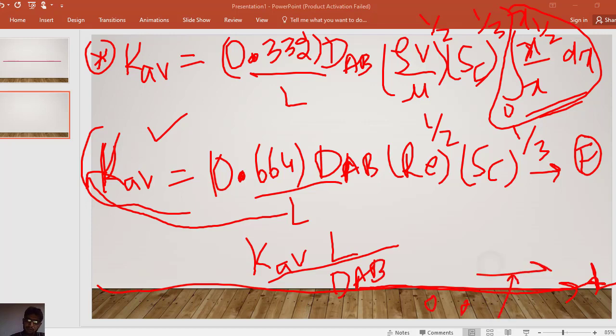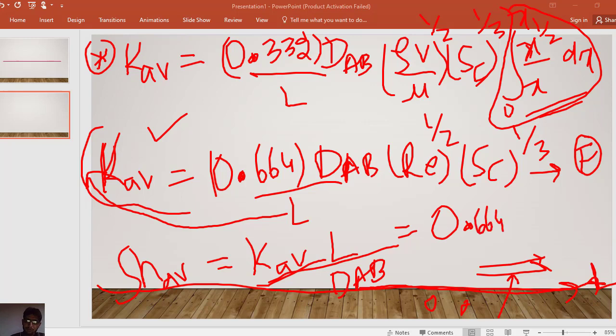KAV into L divided by DAB, and this KAV into L divided by DAB is nothing but the average Sherwood number, and it is equal to 0.664 Reynolds number to the power 1 over 2 and Schmidt number to the power 1 over 3.